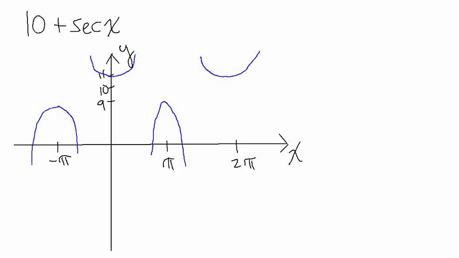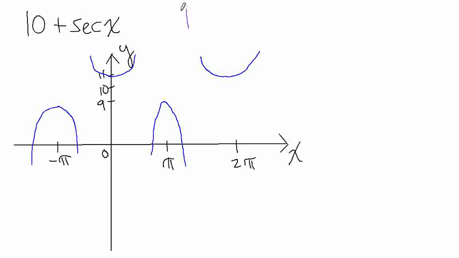All right, so almost done. So there is a sketch of the graph of 10 plus the secant of x. So the effect of adding 10 is to raise the regular secant graph vertically up by 10. And so the period is not affected.